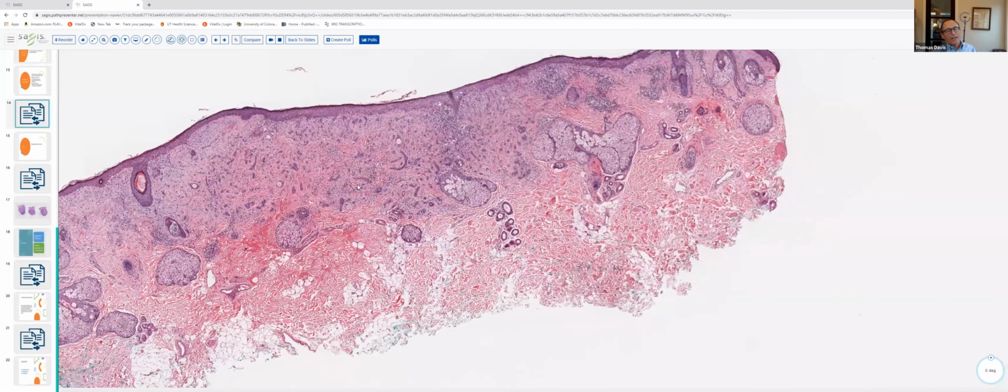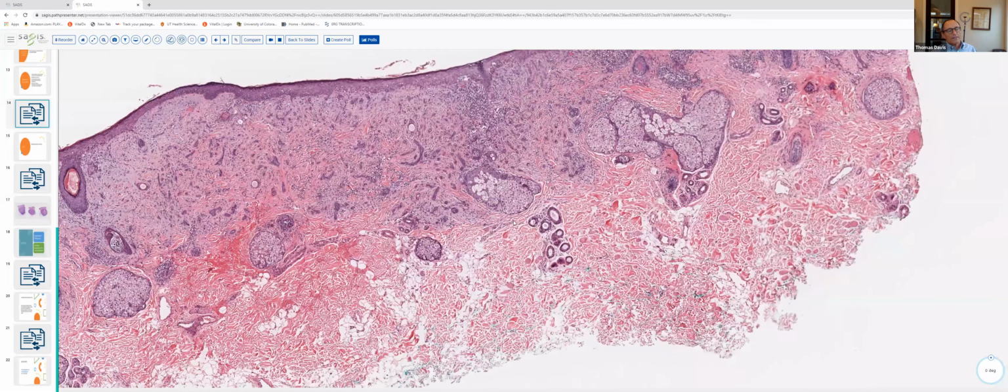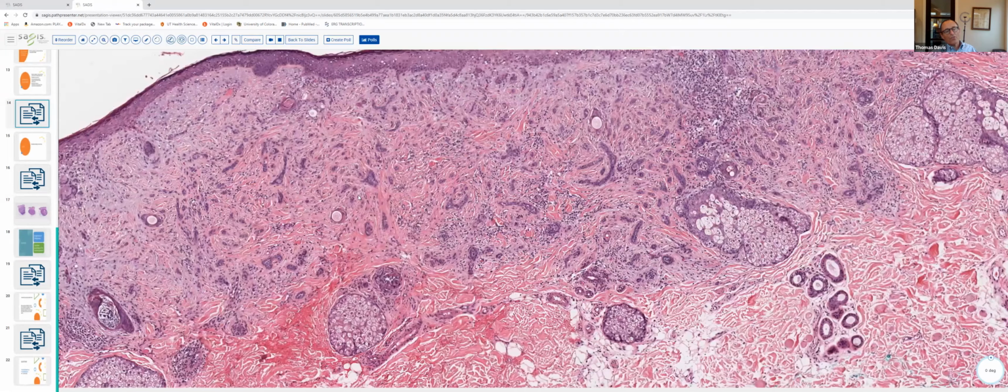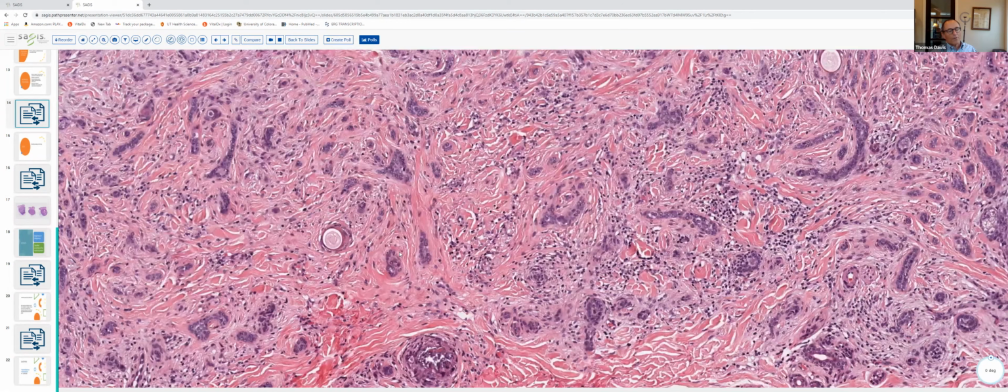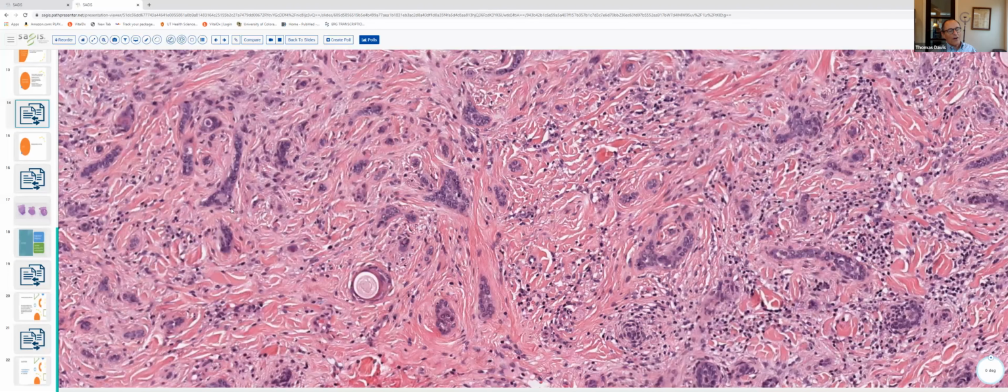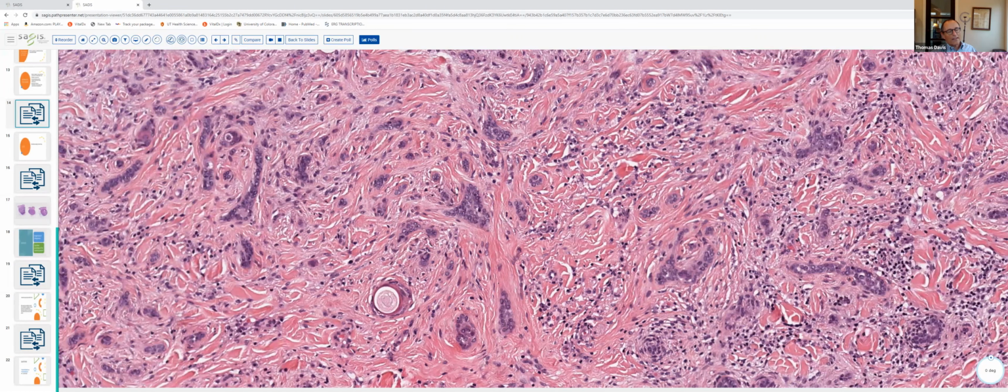If we go down and take a look at the constituent cells of the neoplasm, we can see that we've got these narrow cords and strands of epithelial cells embedded within a very fibrotic stroma. So the stroma has prominent collagen bundles and an increased number of fibroblasts.